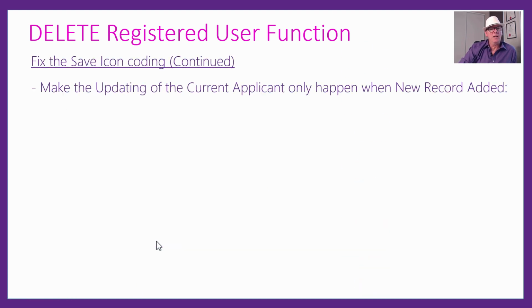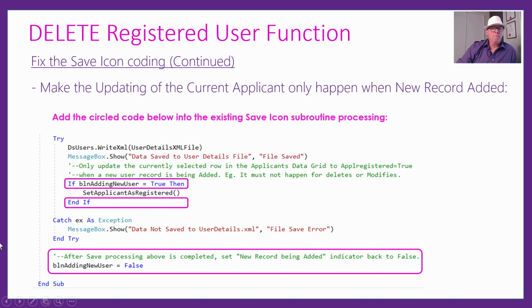And then what can happen is that when we're doing that stuff, right, to write out the user record, if we're adding a new user, then we'll go to that set applicant as registered. So we're not going to go there every time now. We're only going to go there if we're adding a new user, and we'll set their application to true, that they've been added and they're now registered.